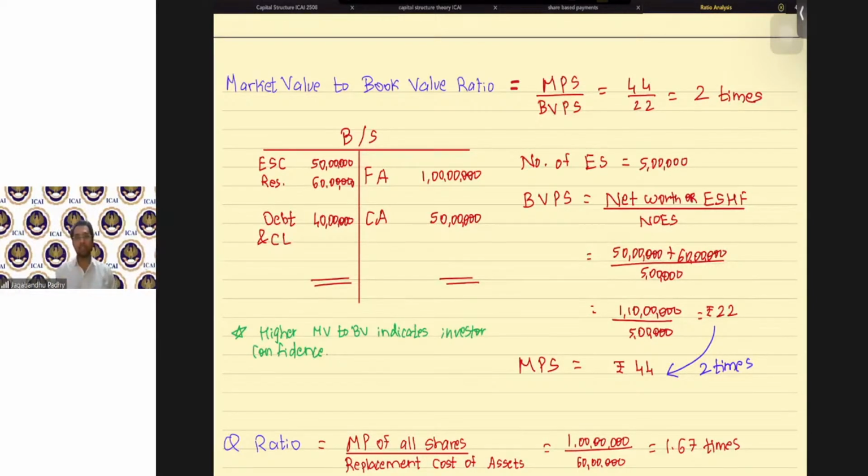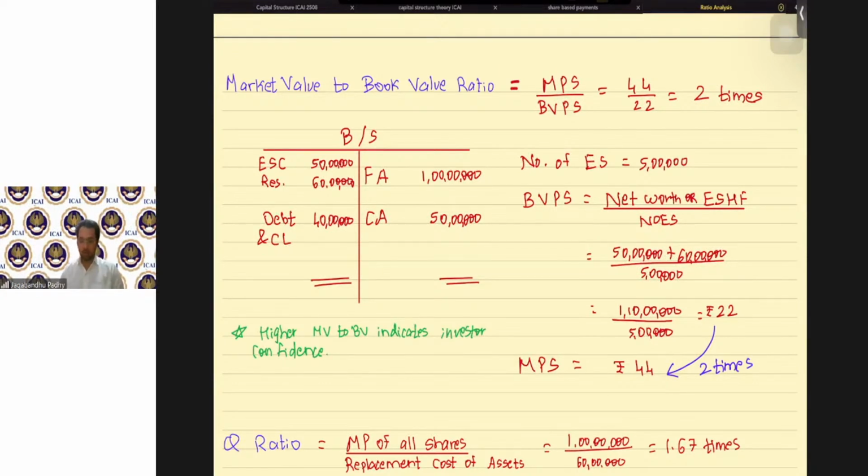Whereas the software that is created will have a good amount of market value. That's where the market value is very high compared to the book value. So these two ratios are again an indicator of investors' confidence. The higher the ratio, the better it is.